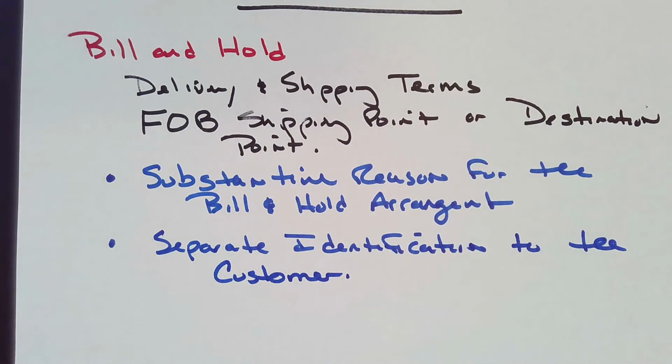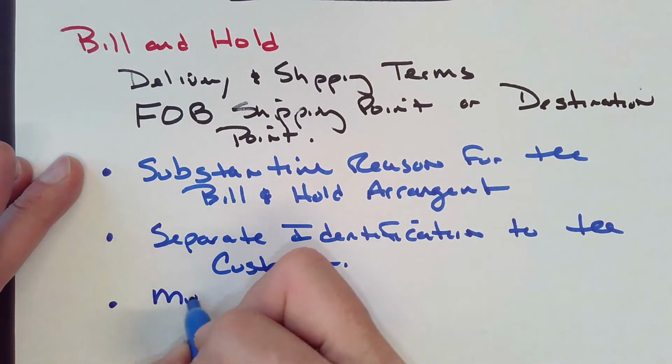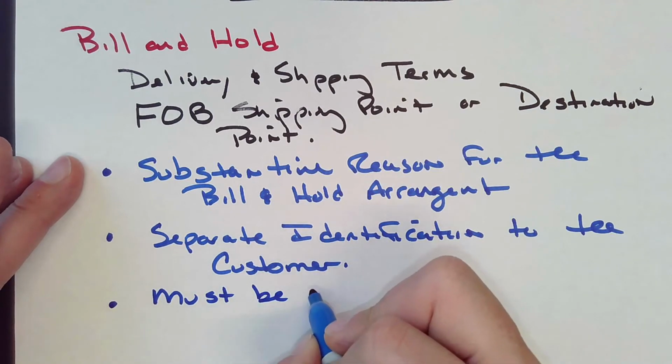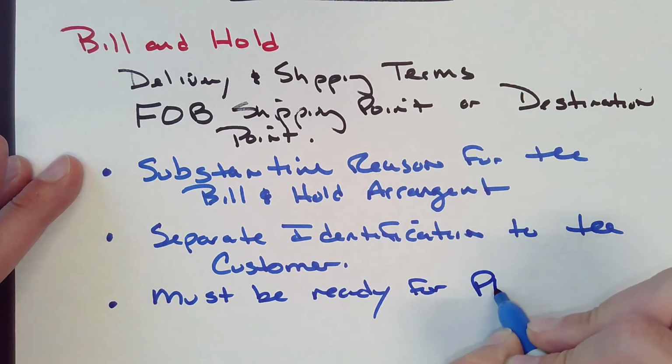The product has to be ready to transfer. We can't sit there and do more processing or wrap it. It has to be ready to go for physical transfer immediately.